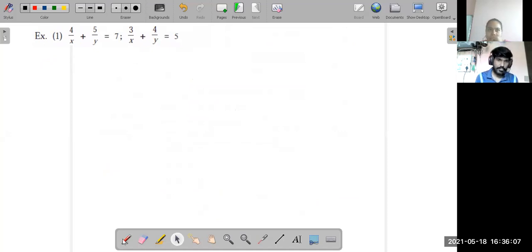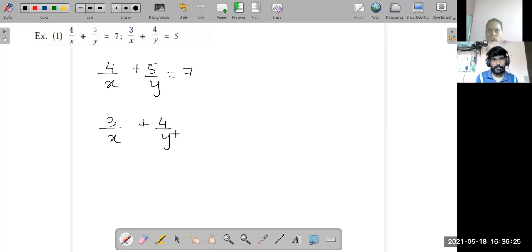So the first equation here is 4 upon x plus 5 upon y is equal to 7. And the second equation is 3 upon x plus 4 upon y is equal to 5. Okay, these are the two equations.